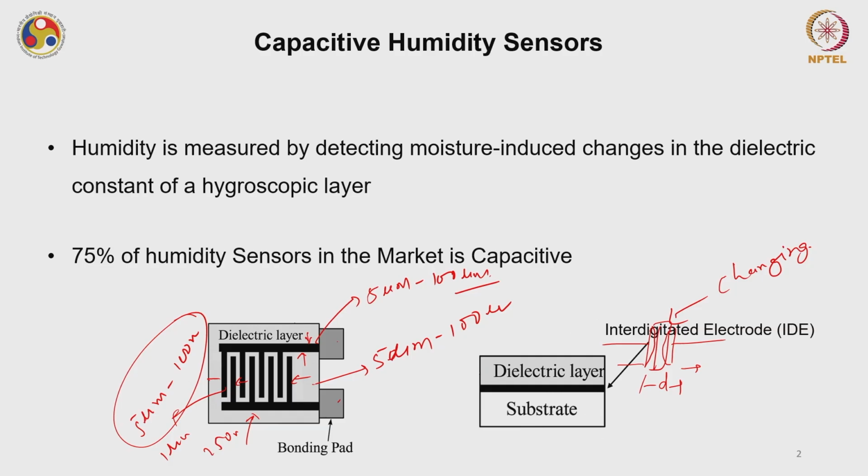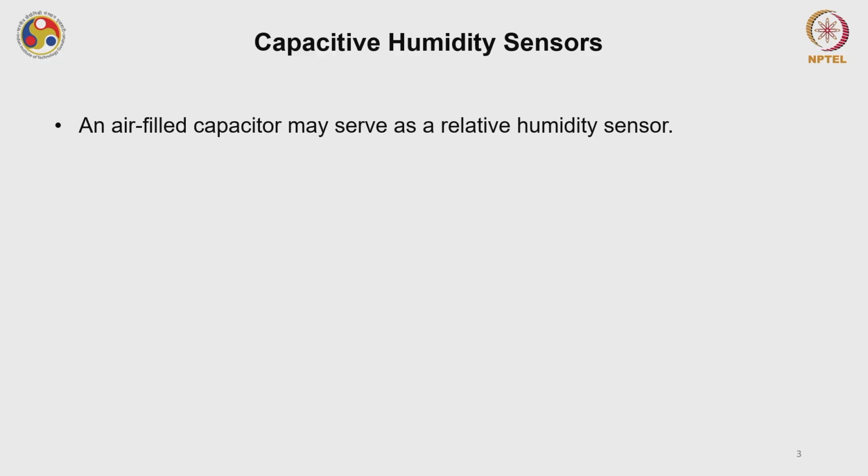In between you have this dielectric layer, and usually the substrates can be a simple silicon substrate or SiO2 substrate, or if you are making these devices on a flexible substrate, you can have PET or PDMS kind of structures. An air filled capacitor may serve as a relative humidity sensor as well, because the dielectric constant of moist air is different from dry air.